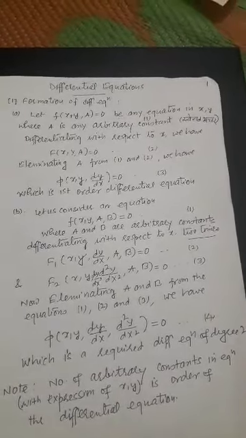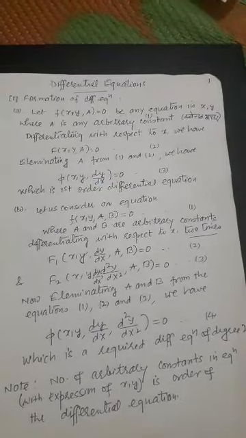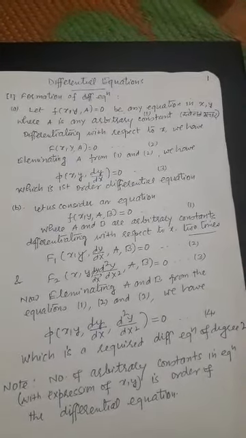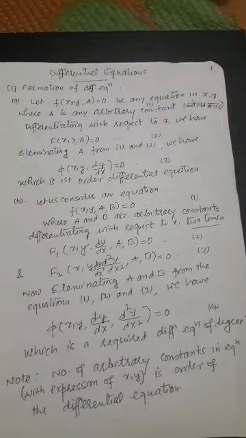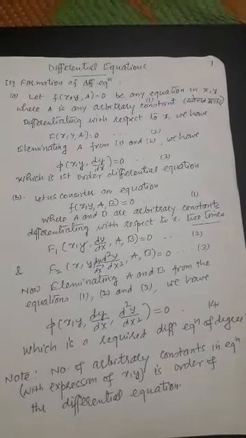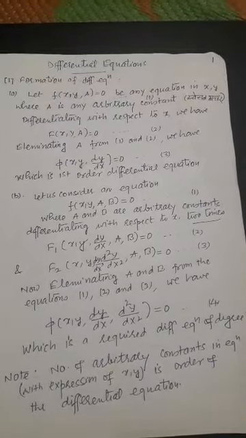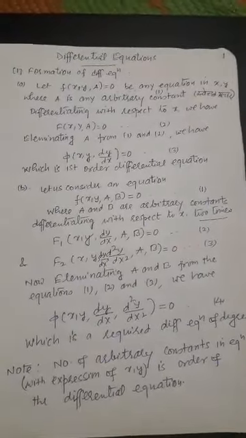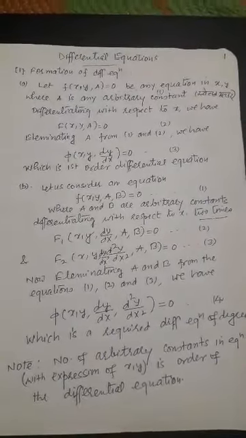Suppose any relation has two arbitrary constants, so it can be written as the equation f of x, y, a, b equal to 0, where a and b are two arbitrary constants.